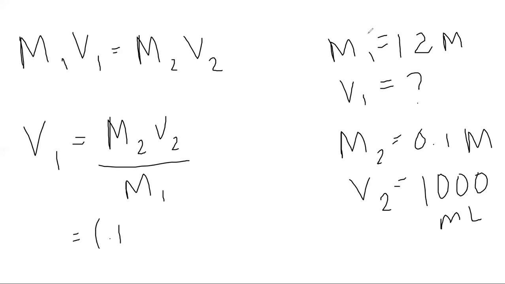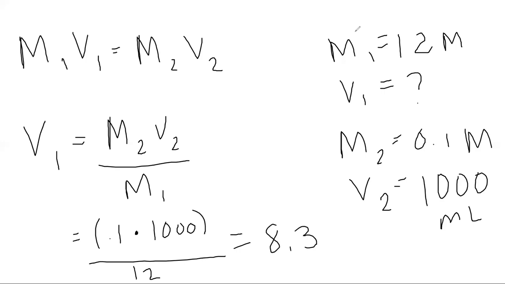So I have 0.1 times 1,000 milliliters over 12 molar, okay? Y'all can kind of do that math real quick. 0.1 times 1,000 is 100, and I divide that by 12, and that will give me a volume of 8.3 milliliters. And that is your answer, and that's all you do to solve for dilution.